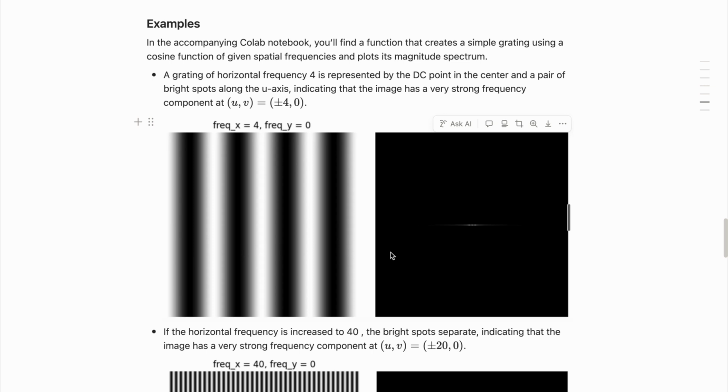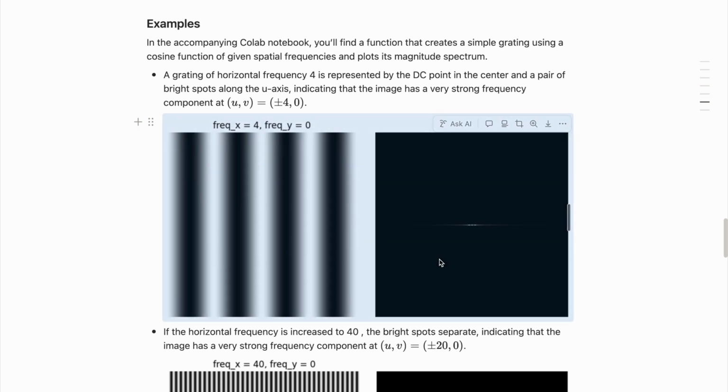What happens when we take its Fourier transform? Well, you will have the DC component always, which is the point right at the center, and we can just ignore that. And then you will see a point to the right of it and a point to the left of it. Let's just consider one of these points. To the right of it is a certain number of u values away from this.